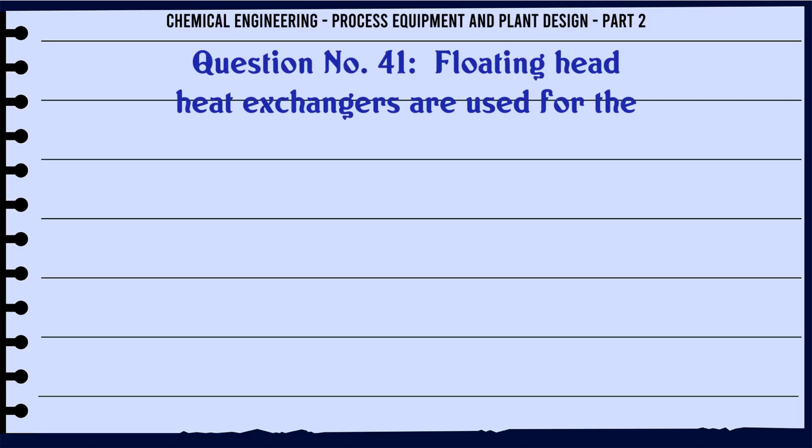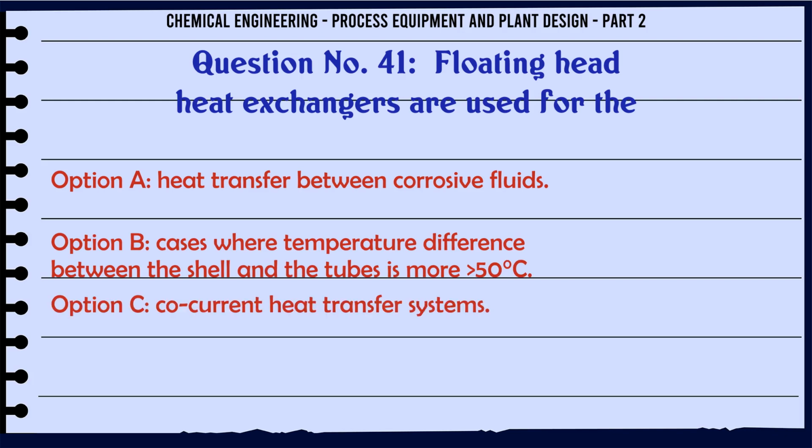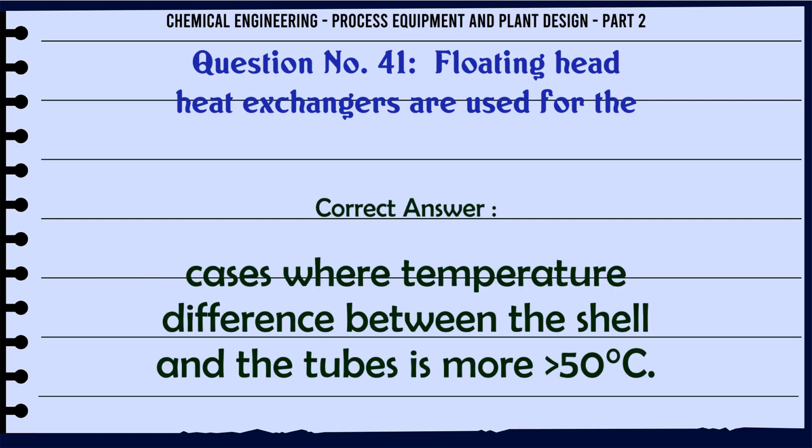Floating head heat exchangers are used for A. Heat transfer between corrosive fluids, B. Cases where temperature difference between the shell and the tubes is more than 50 C, C. Co-current heat transfer systems, D. Counter-current heat transfer systems. The correct answer is cases where temperature difference between the shell and the tubes is more than 50 C.